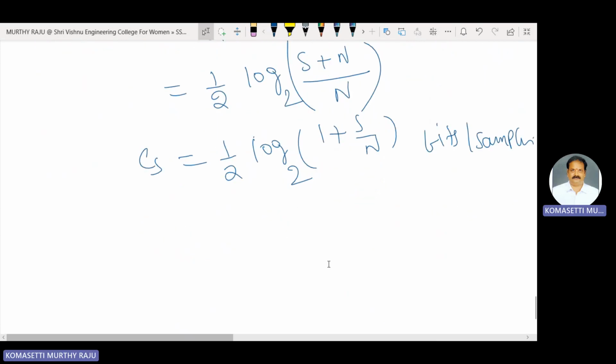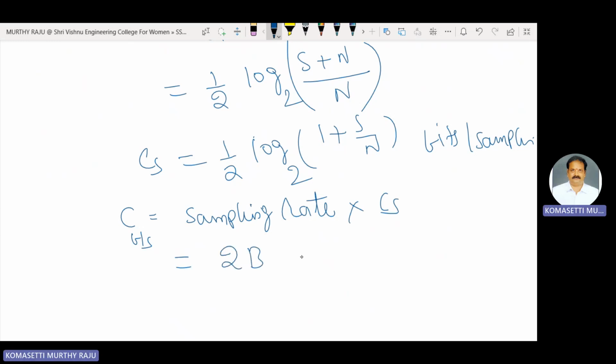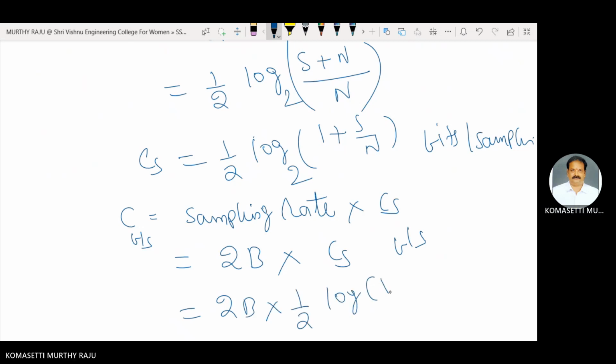Next, channel capacity in terms of bits per second. C is equal to channel capacity in bits per second. C is equal to sampling rate into CS. Sampling rate is 2B into CS, bits per second: 2B into 1 by 2 log 1 plus S by N to the base 2. 2 cancel.